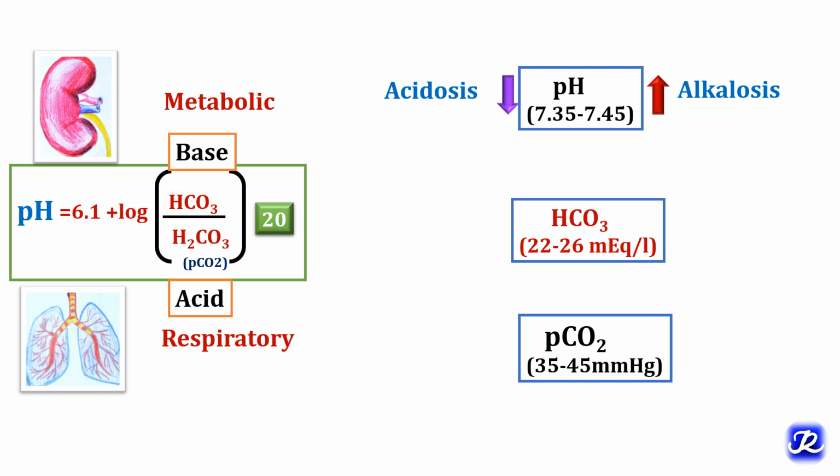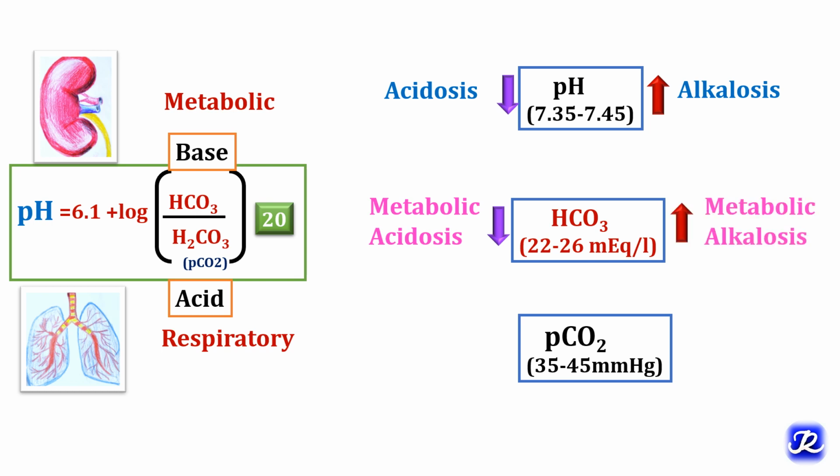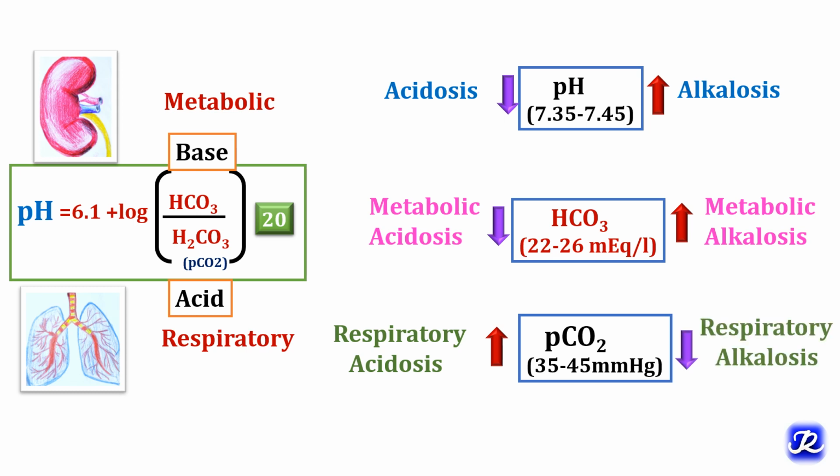The normal range of bicarbonate is 22 to 26 milliequivalent per liter, and if it is less than 22, it is metabolic acidosis, and if it is more than 26, it is metabolic alkalosis. If the partial pressure of carbon dioxide is more than 45 millimeters of mercury, it is respiratory acidosis, and if it is less than 35 millimeters of mercury, it is respiratory alkalosis.